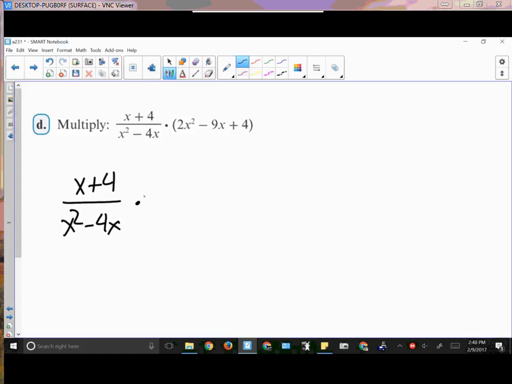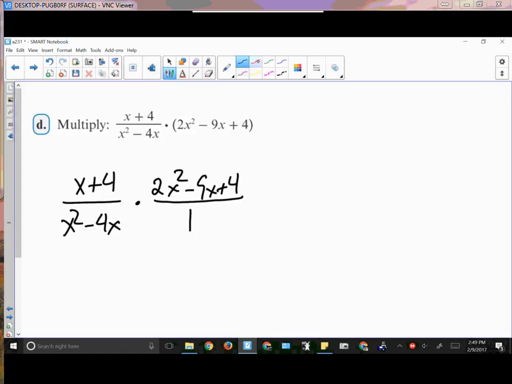Well, if you remember correctly, if I want to turn something into a fraction, all I got to do is put it over 1. So if I want to turn this into a fraction, I am going to put 2x squared minus 9x plus 4 over 1. Now, I have a numerator to work with. I have a denominator to work with.